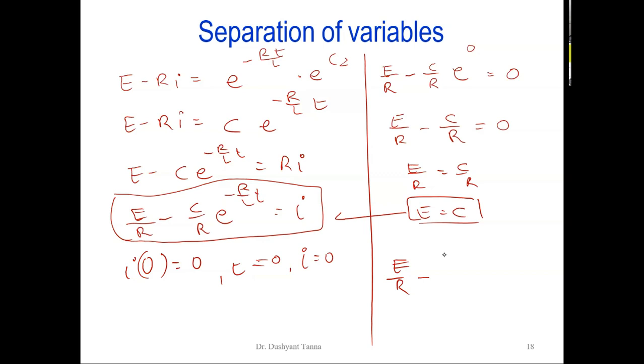And therefore, E over R, e raised to minus R over L t, is I. I'll just simplify it to write it in a way that makes sense. So I take E over R common: 1 minus e raised to minus R over L t.